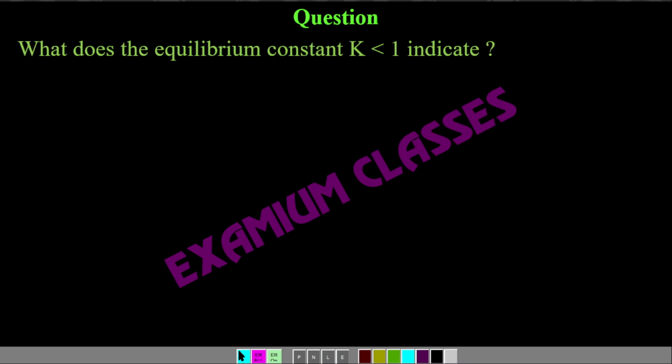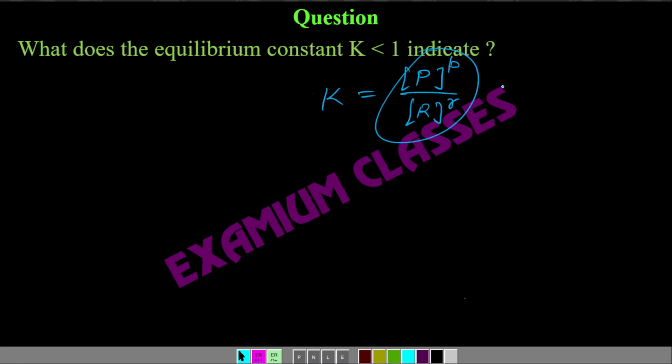Next, what does the equilibrium constant K less than 1 indicate? Remember, if K is less than 10 to the power minus 3, I have told you, the reaction hardly proceeds in the forward direction. Here also you will say it barely proceeds in the forward direction, meaning the reactants' concentration is greater than the products' concentration, because K is the products' concentration raised to their stoichiometric coefficients divided by the reactants' concentration raised to their stoichiometric coefficients.